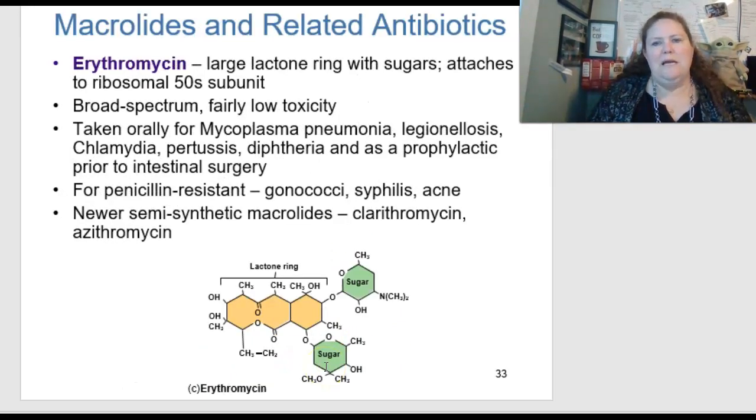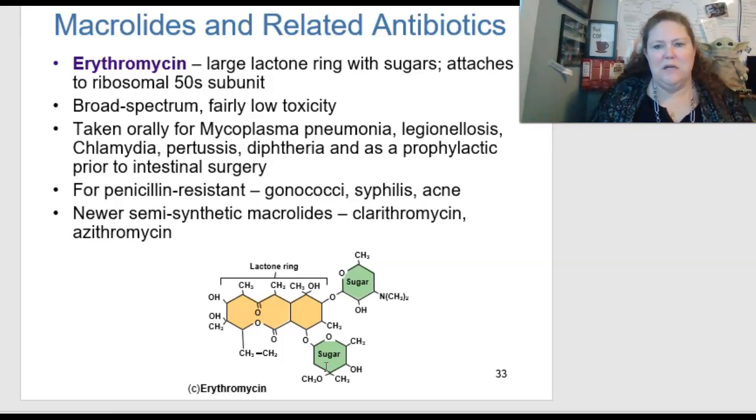You have macrolides and other related antibiotics, and this would be like erythromycin. And this is a large lactone ring that has sugars that attach to the ribosomal 50S units. This is broad spectrum, fairly low toxicity. It's taken orally by your mouth, right? For the Mycoplasma pneumonia, Legionnaires' disease, right?